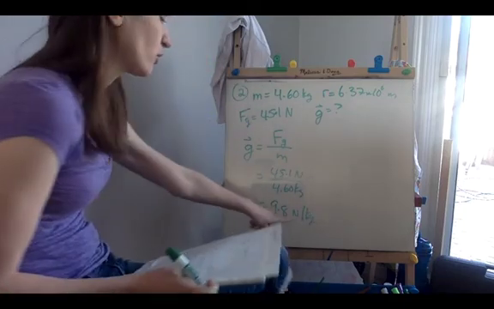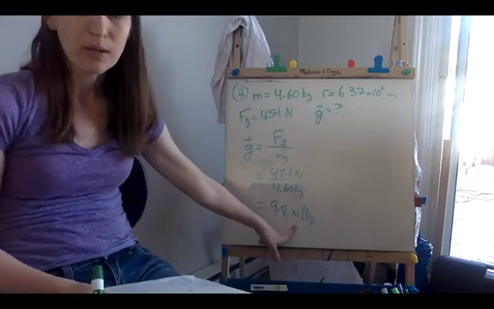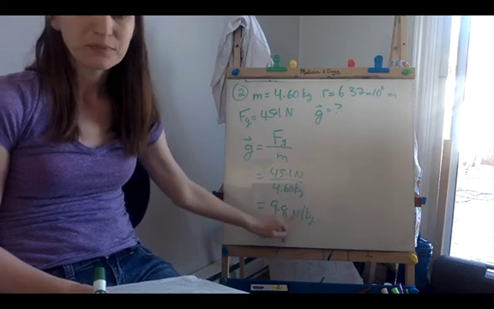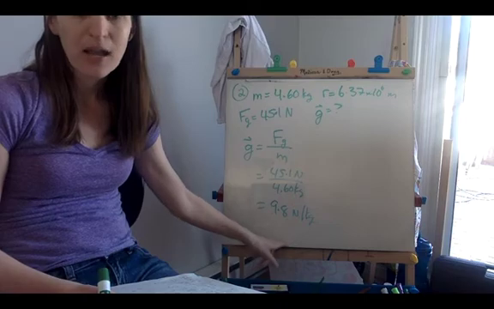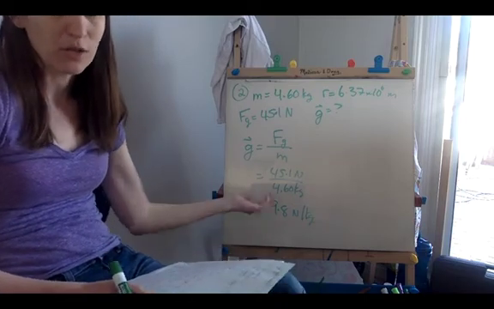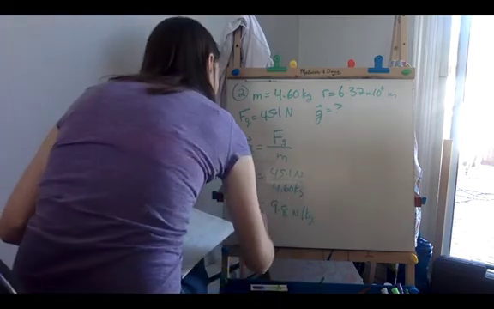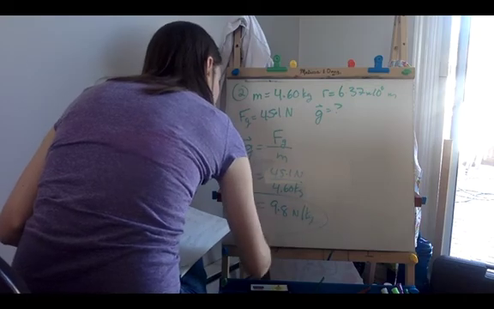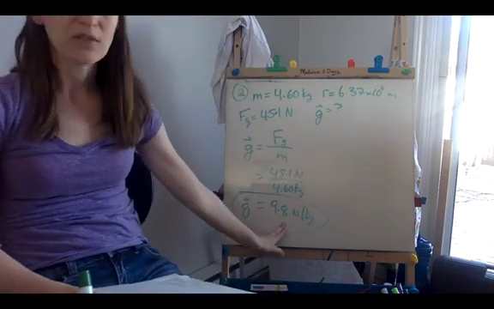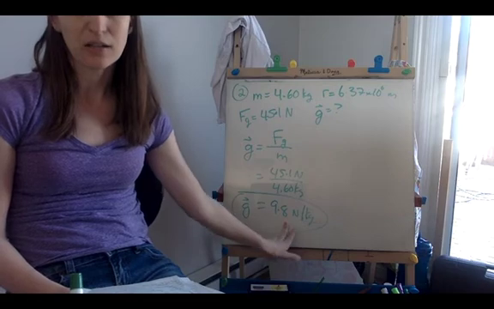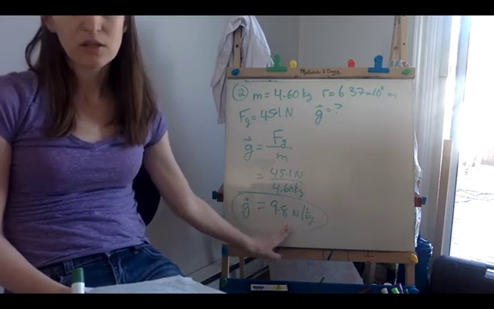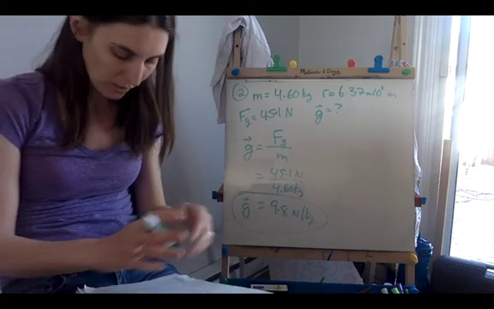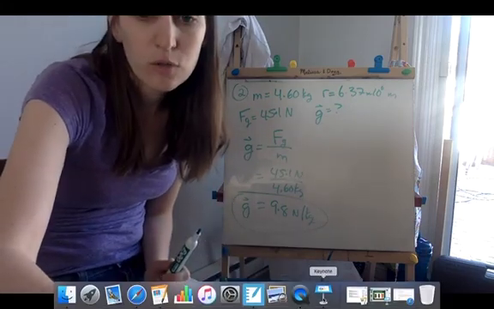And if you remember your definition of a newton, kilograms times meters per second squared, the kilograms cancel, and you end up with 9.8 meters per second squared. The significance of this gravitational field intensity is that the planet is likely Earth, because this is what we know the gravitational field intensity of Earth is. So there we go. All right, moving on.